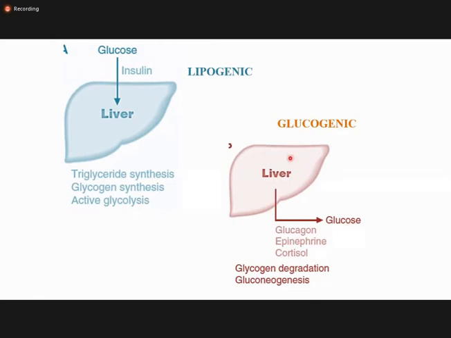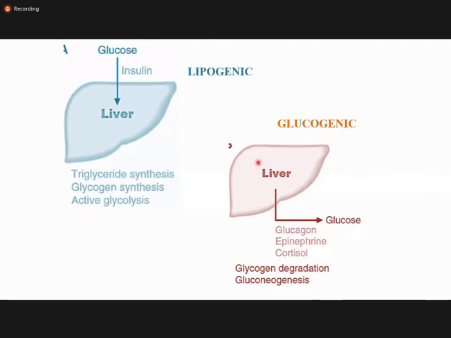The glycogen will be broken down sequentially and provide monosaccharides, glucose residues, because of the influence of glucagon, epinephrine, and cortisol. The glycogen will be degraded, and this will also be accompanied by gluconeogenesis. The non-essential amino acids will be broken down to form glucose. So in starvation, the liver will become glucogenic.